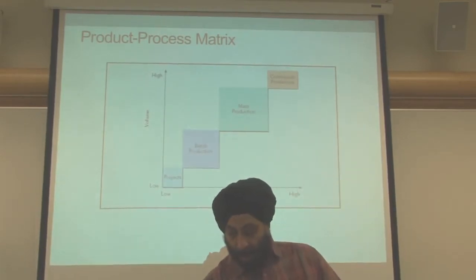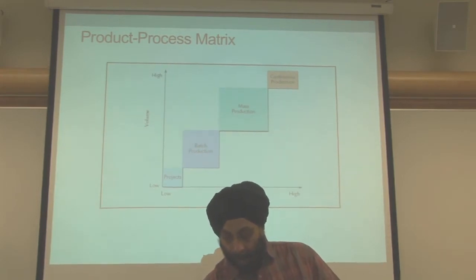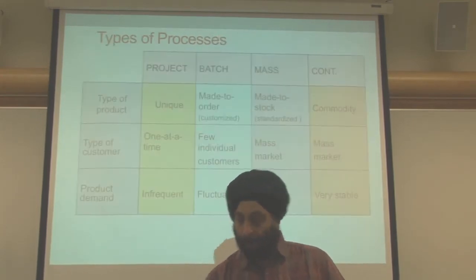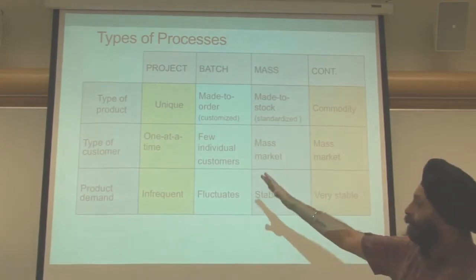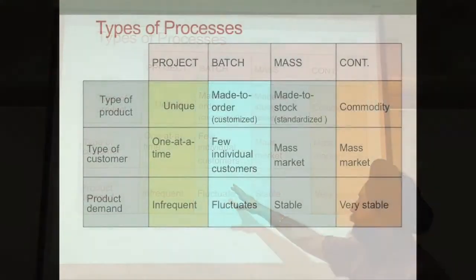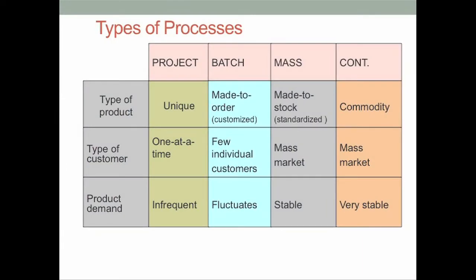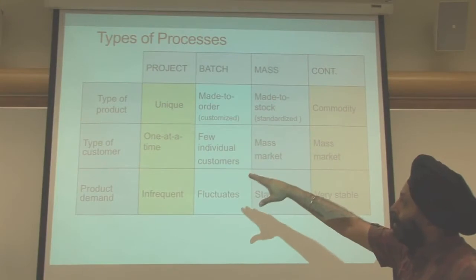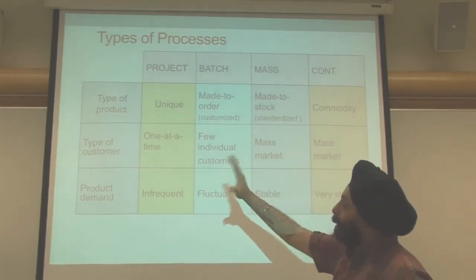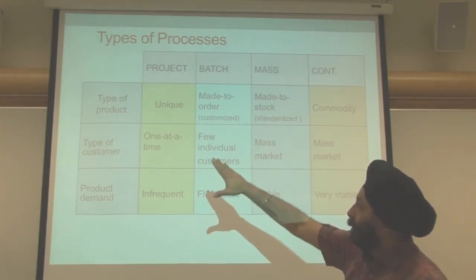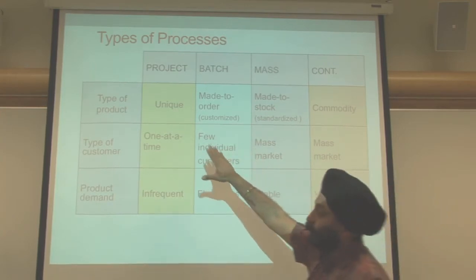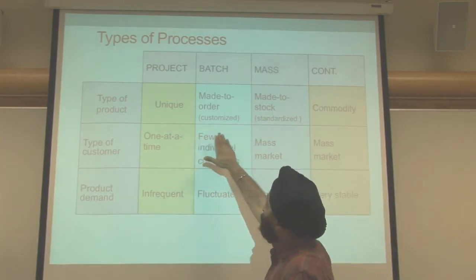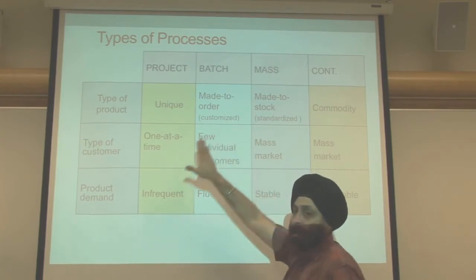Now this can be viewed, there are different type of processes, so you can see exactly all 4 of these, and you can compare and contrast these processes. So type of product in a project is unique, whereas in batch it's made to order, customized.